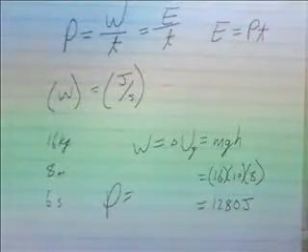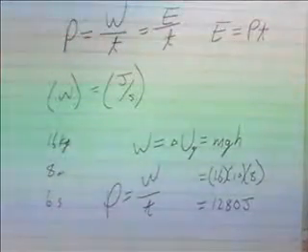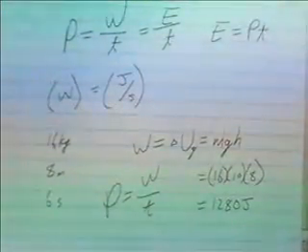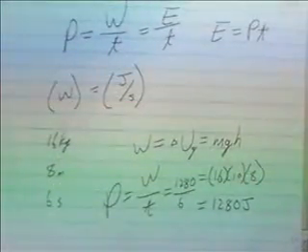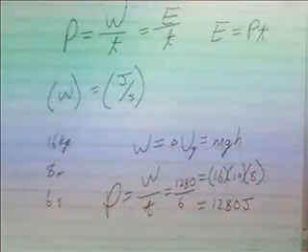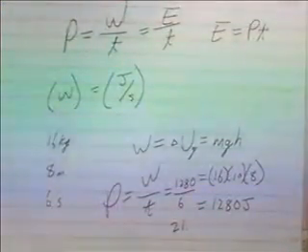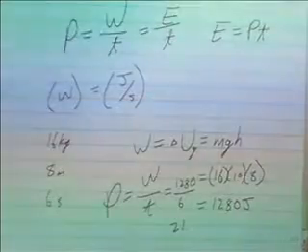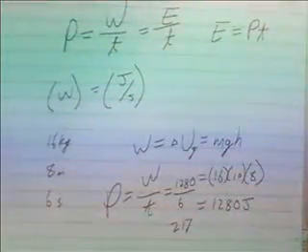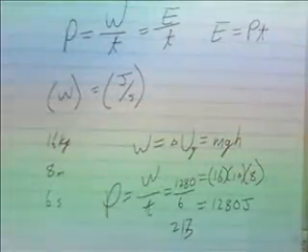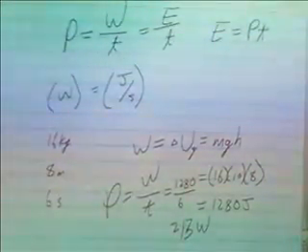Just do power equals work divided by time, or energy divided by time, so 1280 divided by 6 is 213.3 watts.